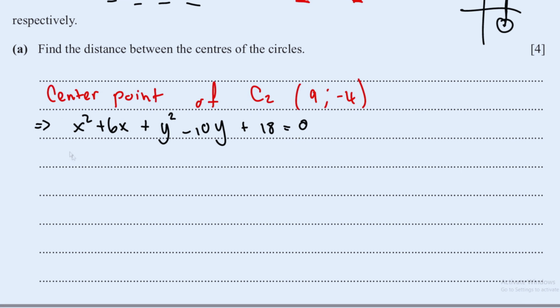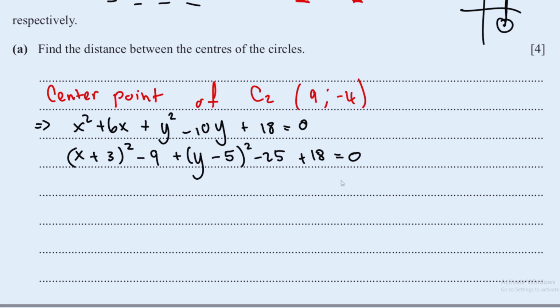Let's double complete the square. I'm going to simply take half of this, so that's (x + 3) squared minus 9, because I'm taking the half and then subtracting its square too. And for the second one, we have (y - 5) squared. We do the exact same thing, minus 25, plus 18 equals 0.